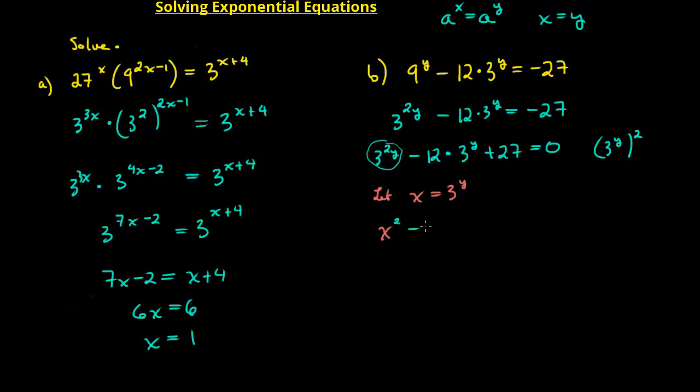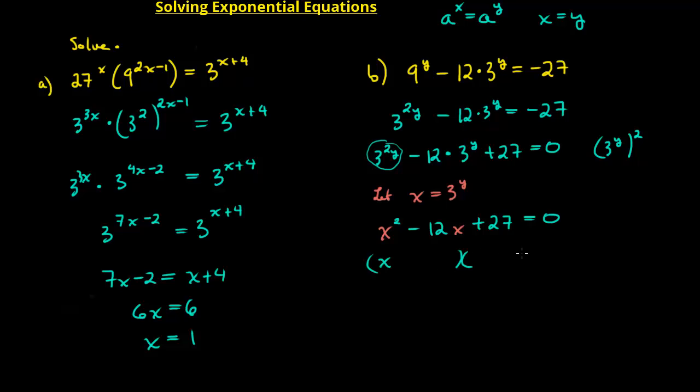So I have x squared minus 12 times x plus 27 is equal to 0. Now suddenly this is an equation that I know how to solve. I can solve this equation by factoring.